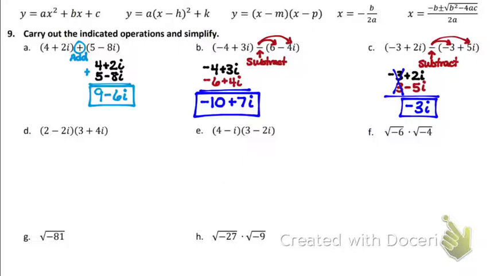Are we adding or subtracting on part D? We're multiplying. They don't show me an operation, and so I understand that that means to multiply. When we multiply these together, we're going to use double distribution.